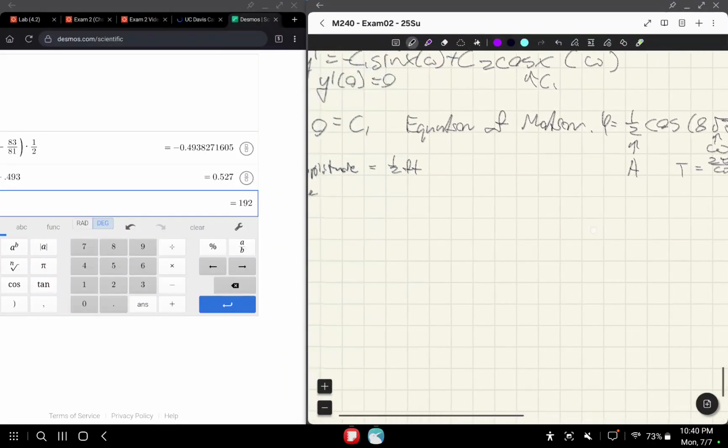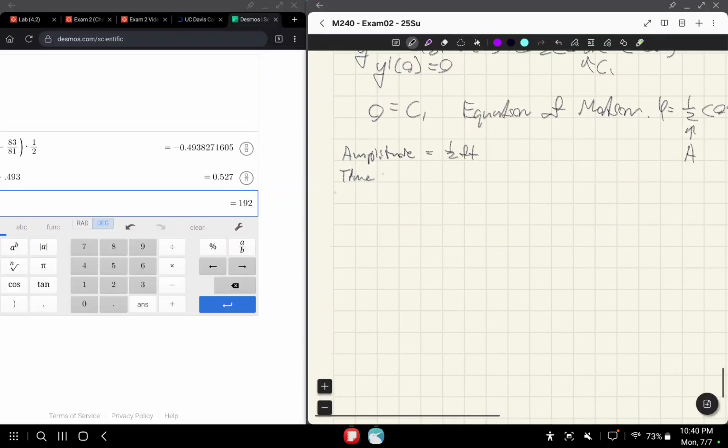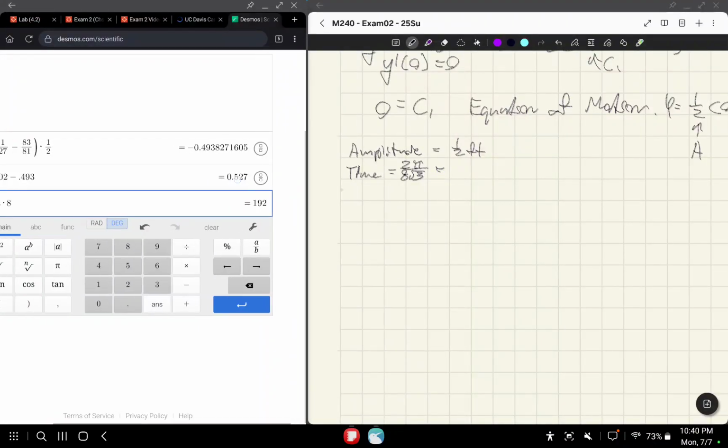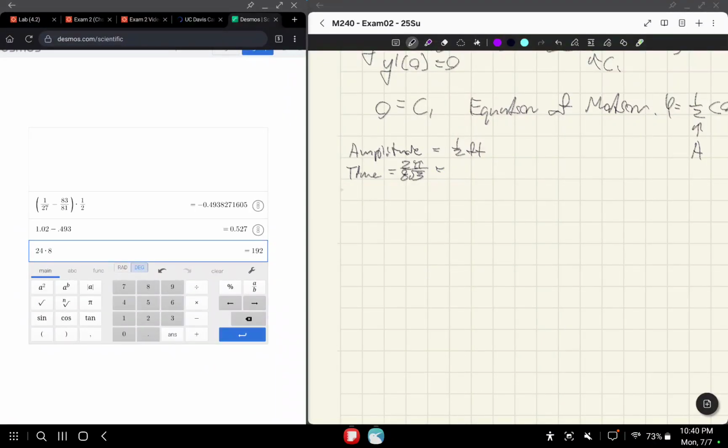So the period is equal to 2 pi. Okay, let's plug this in.